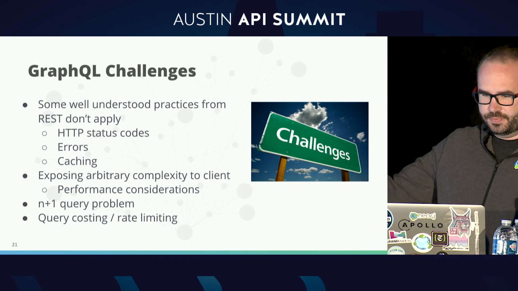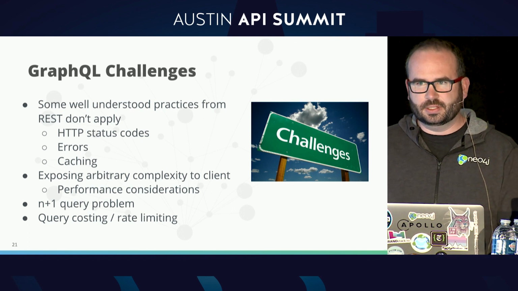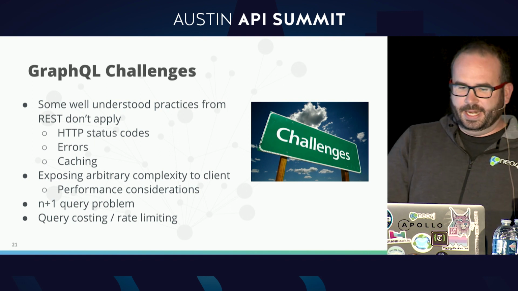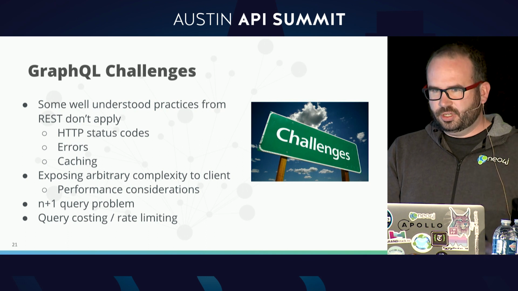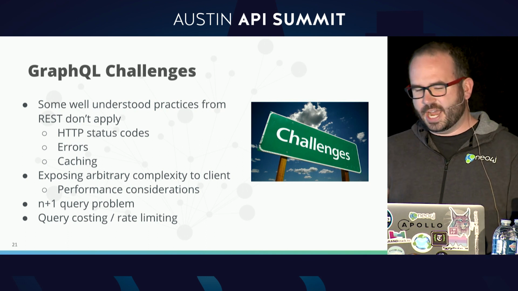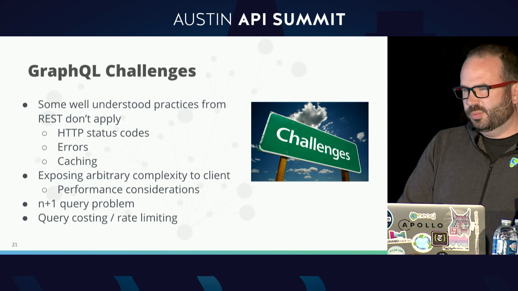Now, there are solutions and best practices in the GraphQL world that address many of these issues. And some of them you could argue are maybe kind of non-issues. So caching, for example, well, most GraphQL API requests are done on an authenticated API, so maybe caching doesn't really apply there.